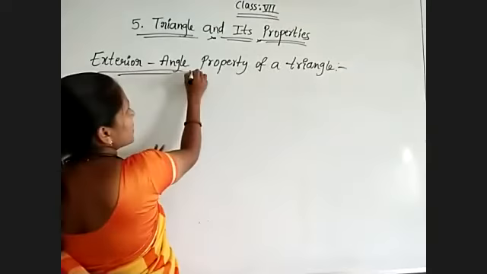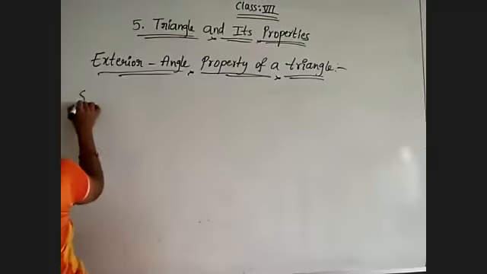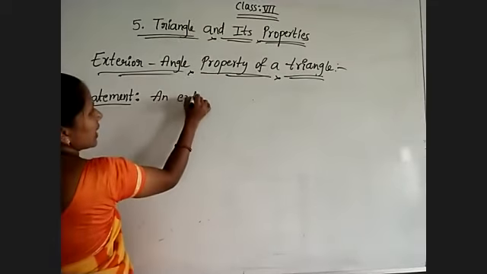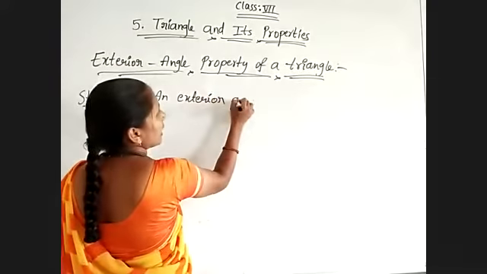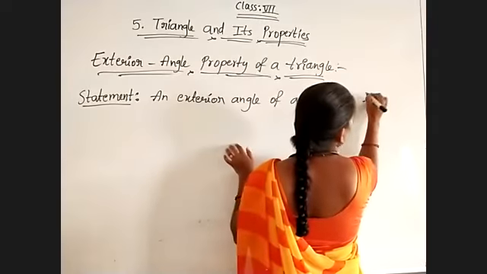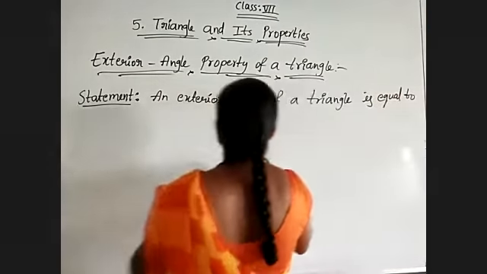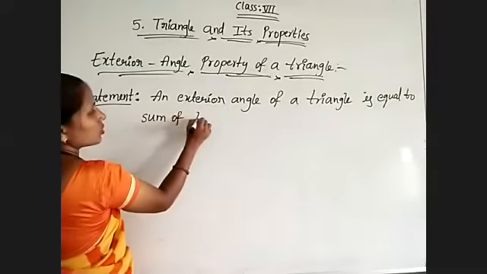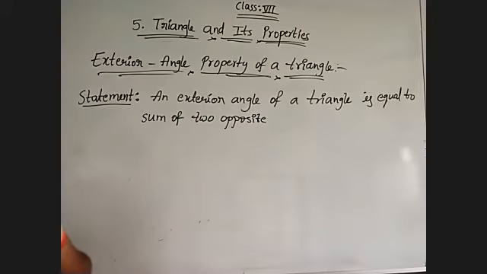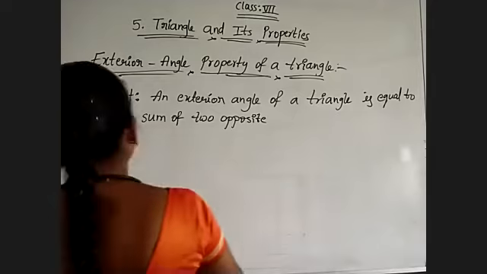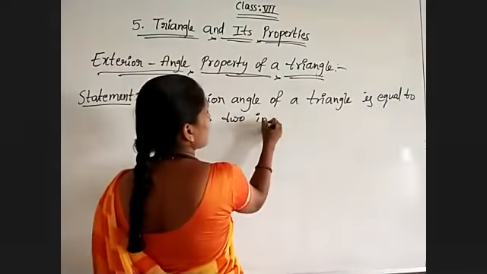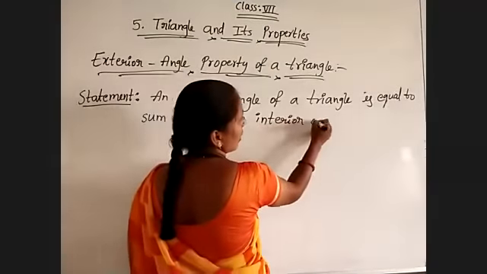According to this property, the statement is given that an exterior angle of a triangle is equal to the sum of its two opposite interior angles, or interior opposite angles, no problem.